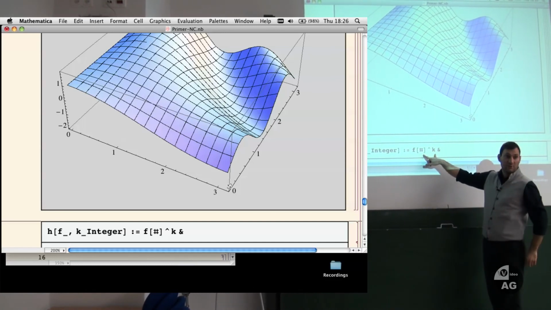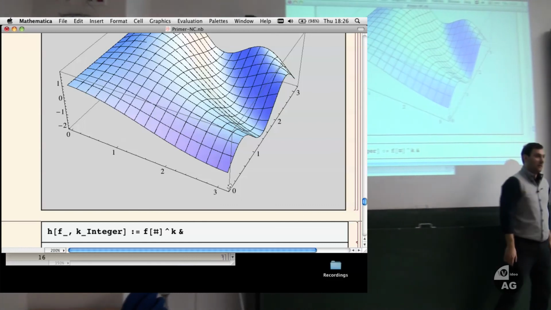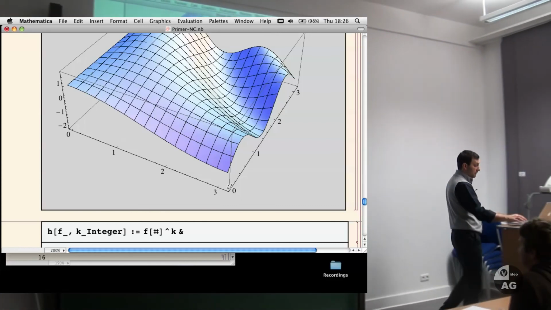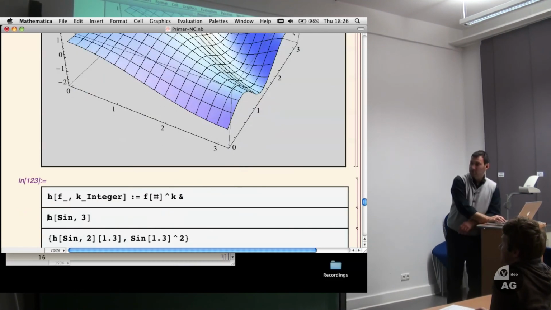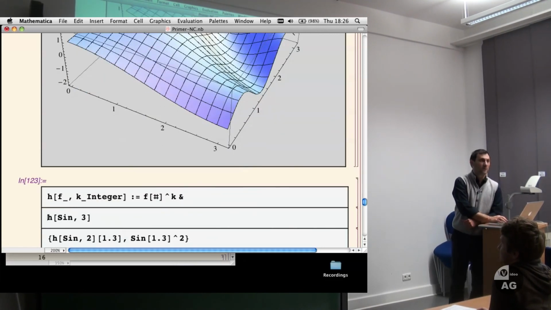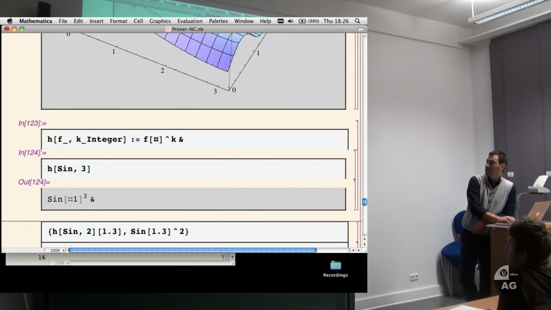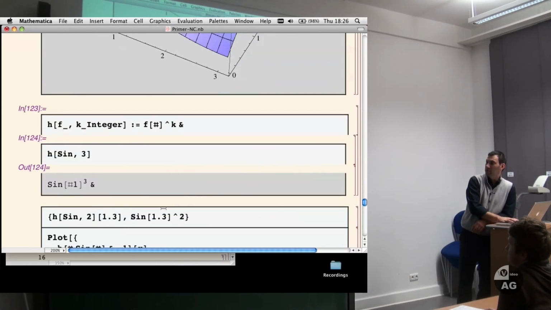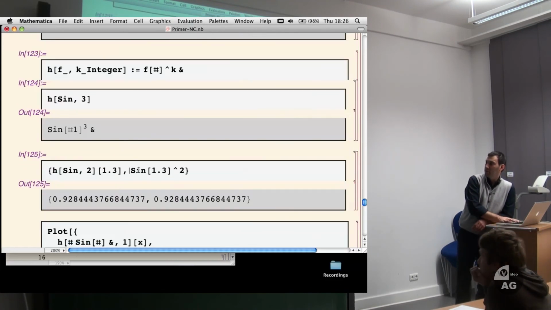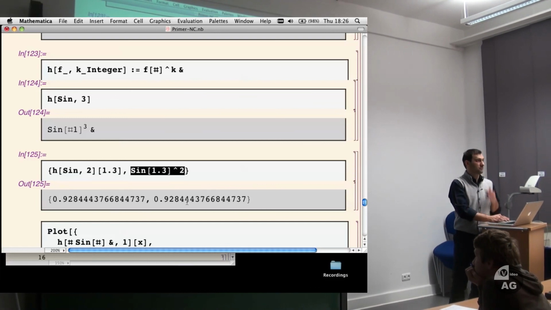So it's a function, unevaluated. It's something that we will be able to evaluate later on. So h of sine of 3, what is it going to be? The third power of the sine function, and now I can evaluate this. This is the second power of the sine function evaluated in 1.3, and I compare it with this thing, and oh, look at that, they are exactly the same. Okay?